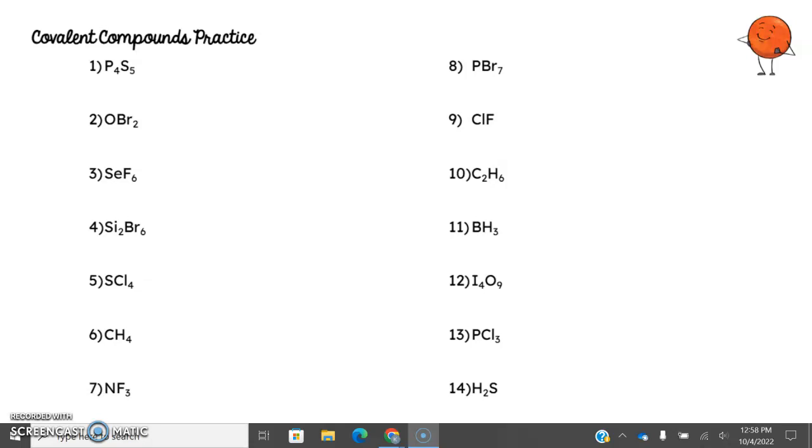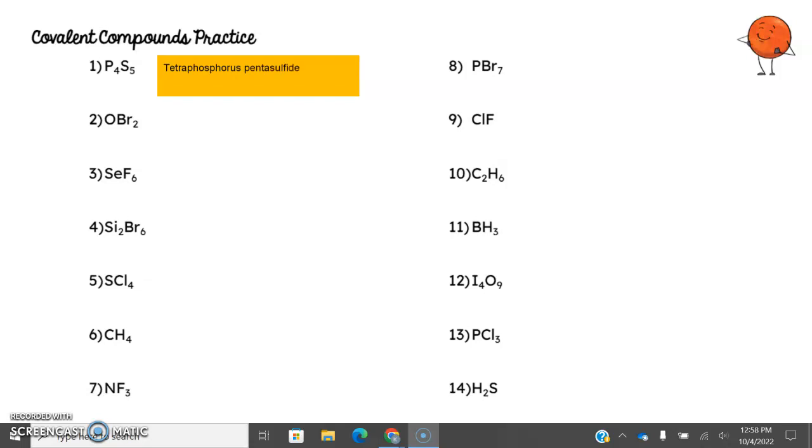If I were going to write this out, this first one would be tetra, because there's 4 of the phosphorus. Tetraphosphorus, and then the 5 is penta, so we'll say pentasulfide.